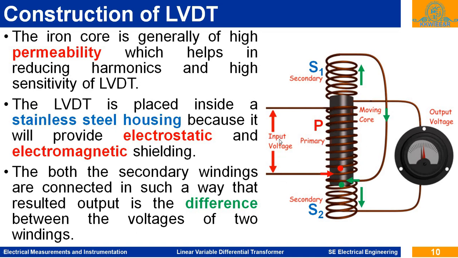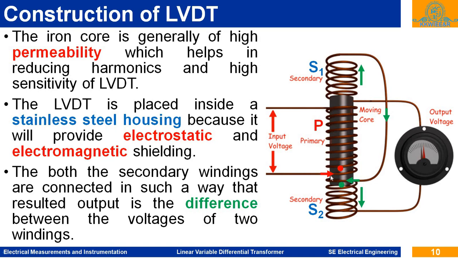Now see, this primary winding is connected to the supply, so this is the direction of current through this coil. According to the right hand rule, current is moving in this direction, so we put the dot here. According to the transformer polarity convention, the current is entering on the primary side, and the secondary winding S2 is connected in such a way that the current should be leaving.